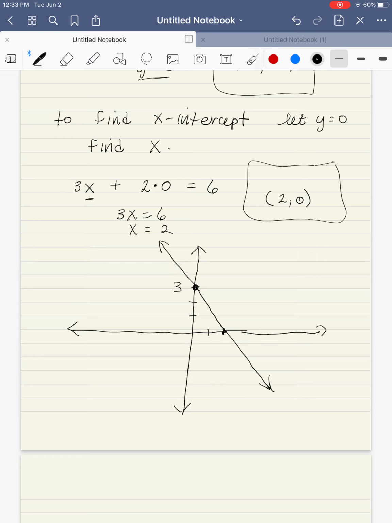And that is the graph of the equation of the line 3x plus 2y equals 6.